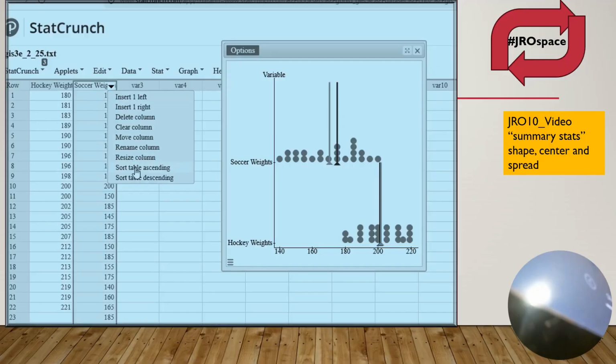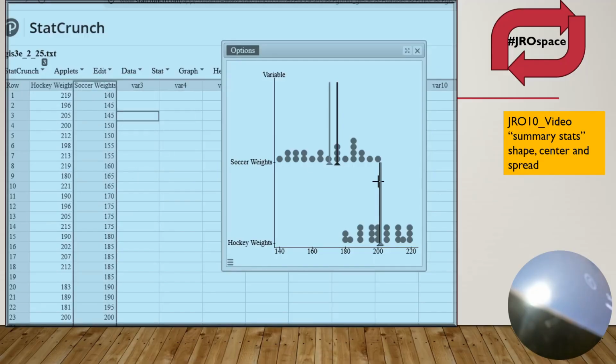That'll help. And there's the 140, right? Notice it's row 1. Here's 145, row 3. So that's not, notice this is the 145 row 2. So see, it's just going through these rows, and you can identify your points here. So see how you can get the essence of your graphs here.